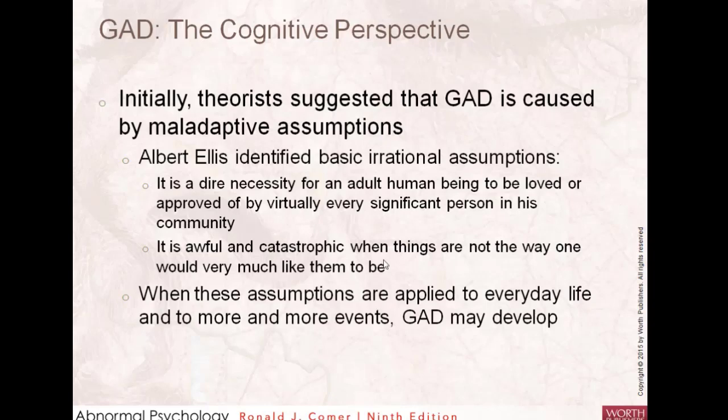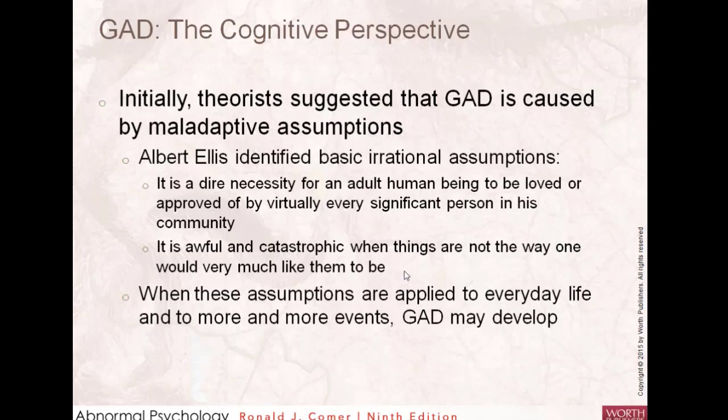What if you have the belief that if things don't go the way you want them to, your life is over? Can you see how that could create generalized anxiety? A person who says, okay, well, that was my plan, that was the job I was going to have, that was the school I was going to go to, and so my life is over. I cannot function anymore. That person who has that assumption will probably have a significant amount of anxiety.